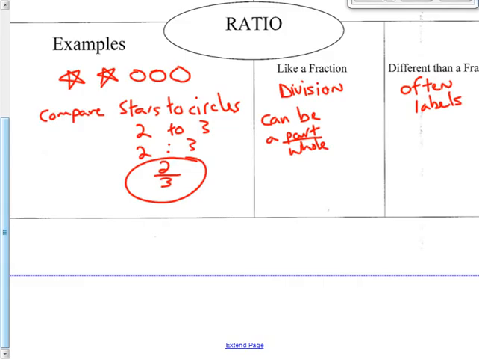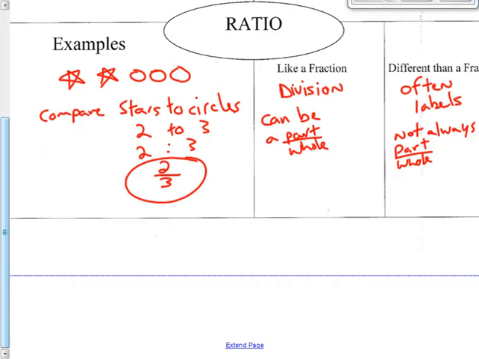And then often they're not part divided by whole. So in the case that we had with stars and circles, we had 2 to 3, stars to circles. That's not part divided by whole. That's two different things that we're comparing. So it's not always part divided by whole. That's a pretty big difference from a fraction.